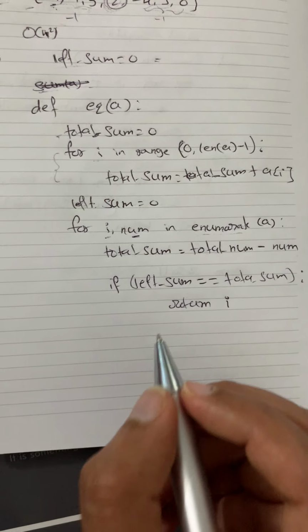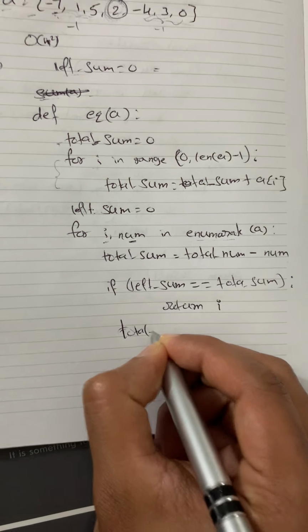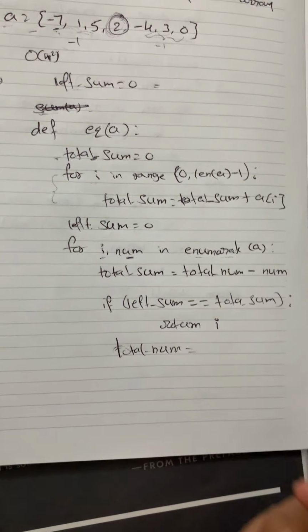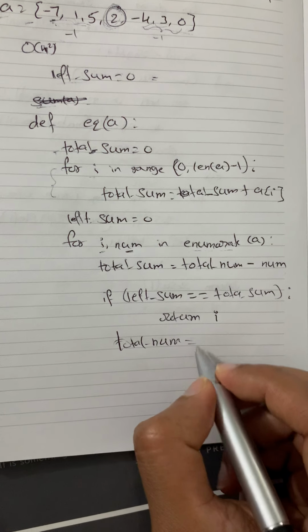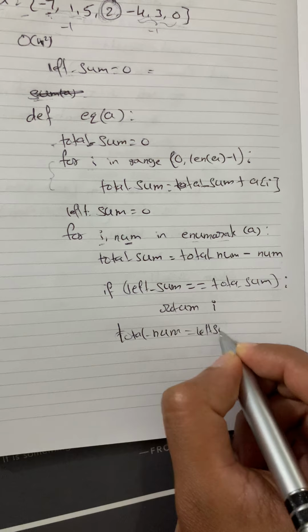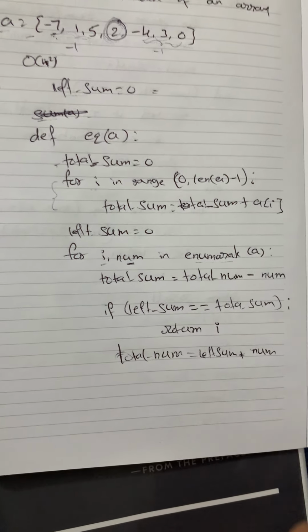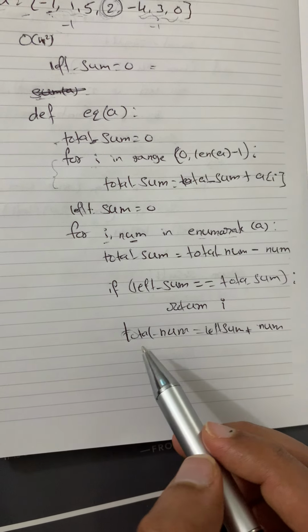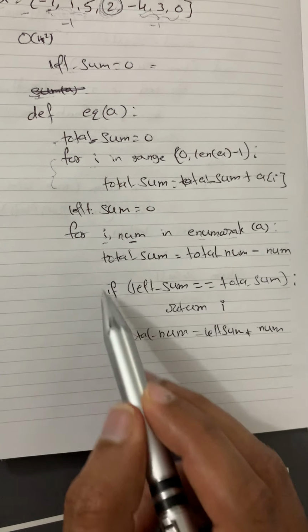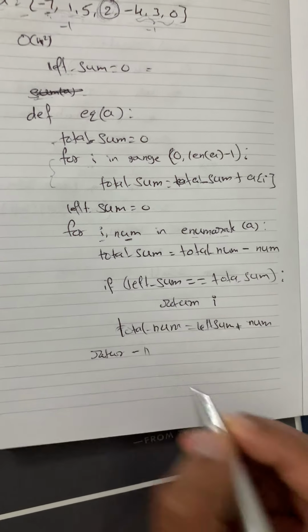Otherwise we just keep adding: left sum equals left sum plus num. If we don't find it in this loop, we will just return -1.